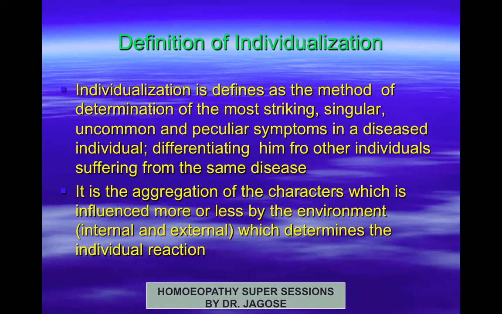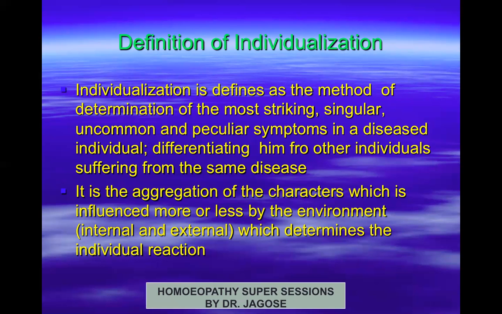It is the aggregation of the characters which is influenced more or less by the environment, which determines the individual reaction. So how will the reaction take place? It will take place between the host and the environment. Environment can be internal environment as well as external environment. So the internal environment of the host is all the normal physiological processes of the body, like digestion, respiration, assimilation, anabolism, catabolism, and so on and so forth.